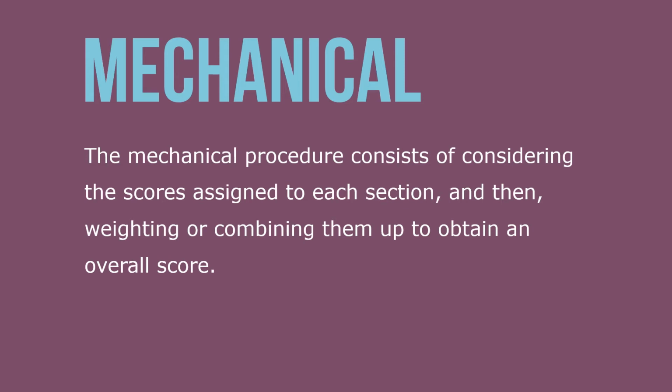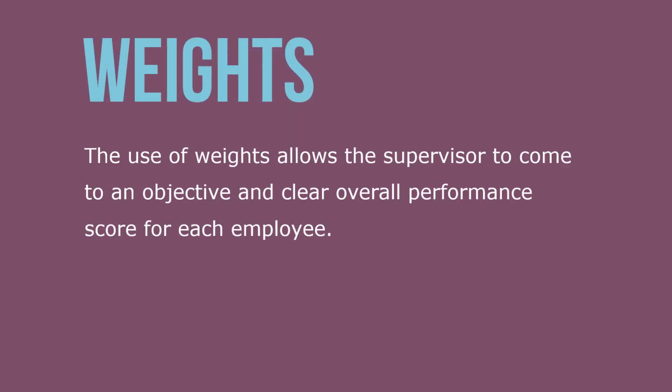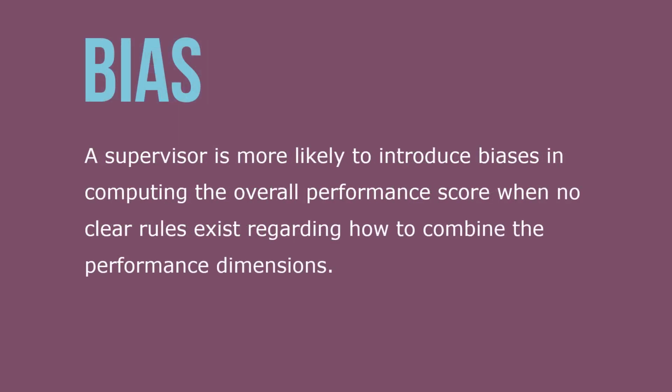The mechanical procedure consists of condensing scores assigned to each section and then weighting them or combining them to obtain an overall score. The use of weights allows the supervisor to come to an objective and clear overall performance score for each employee. In most cases, the mechanical method is superior to the judgmental method.